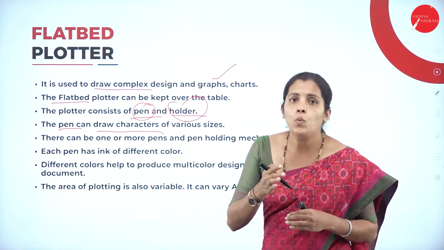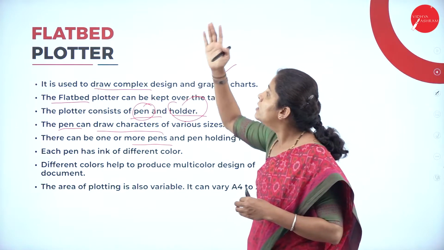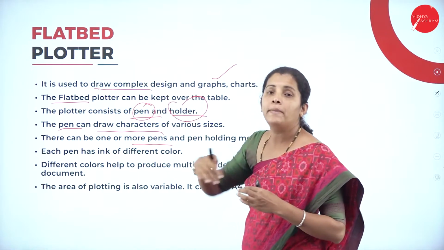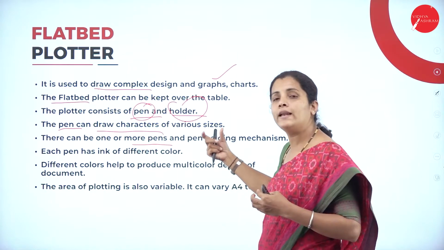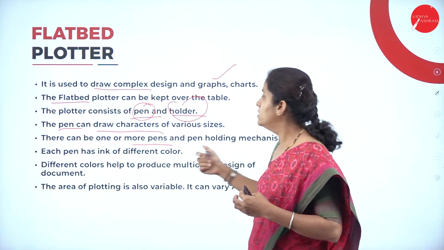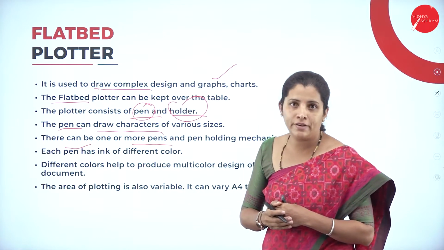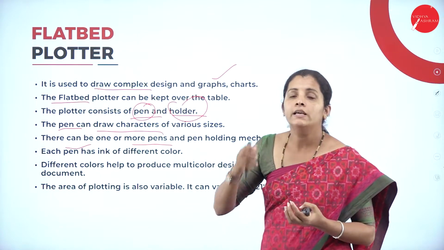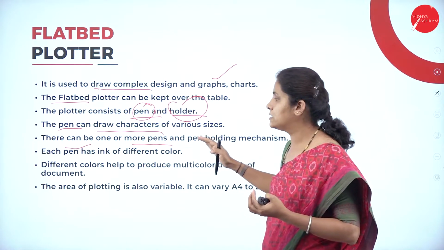There can be one or more pens. A flatbed plotter may have one or more pens and a pen holding mechanism. Each pen has ink of a different color.